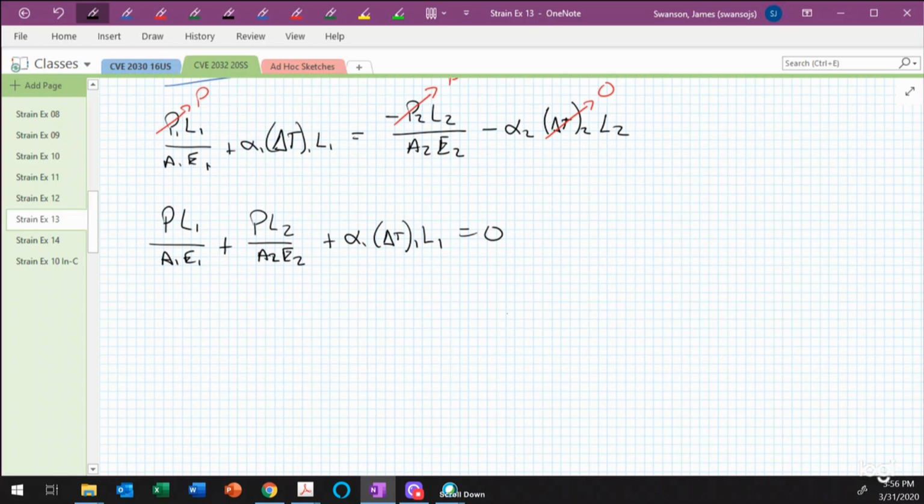Okay, then I can pull that out. So I end up with P times L1. I can actually do this, P over E, because E is the same for both pieces. So L1 over A1 plus L2 over A2, like that. And then plus alpha 1 delta T1 L1 equals 0.